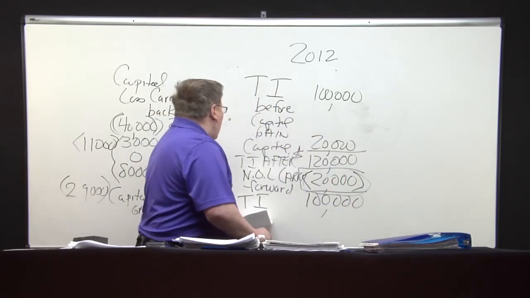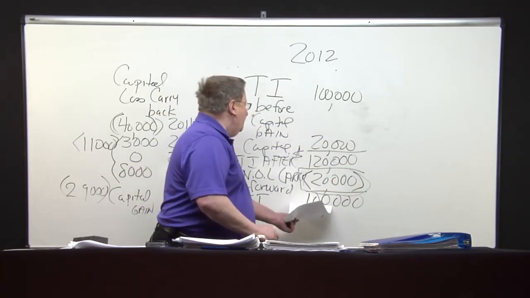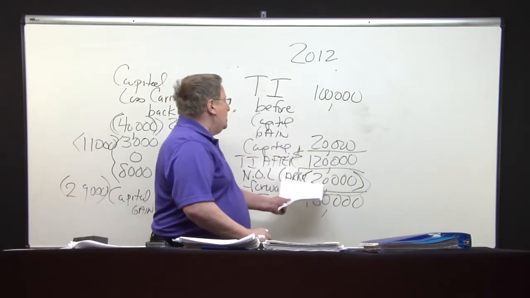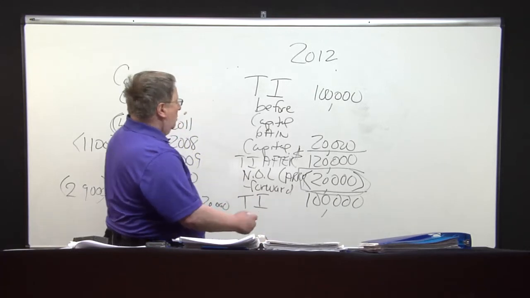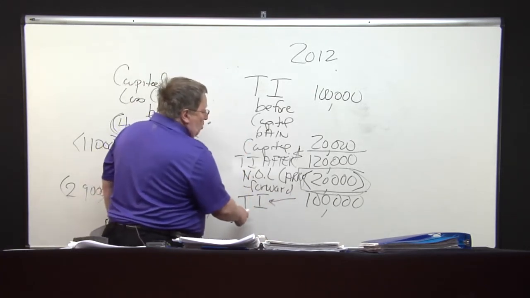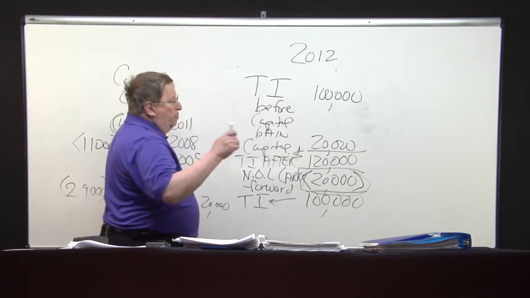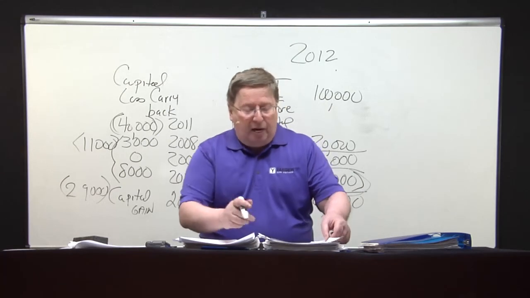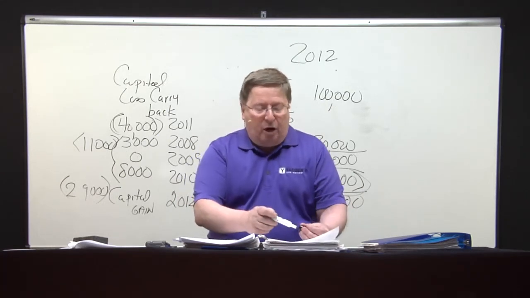So we actually reconciled the taxable income after we added in the capital gains and subtracted the net operating loss carry forward. All right, but remember, if there's a dividend received, all right, you're going to actually reconcile to taxable income before the dividend received deduction. All right, and the explanation to the answer is right there for you.